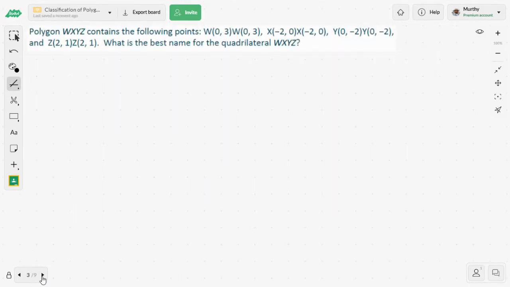Now polygon WXYZ contains the following points. I think again here also the points are duplicated, so just let me take them away. Well, what is the best name for the quadrilateral WXYZ? So once again, we find the lengths.